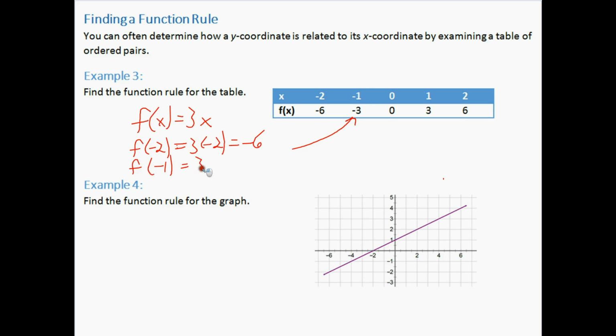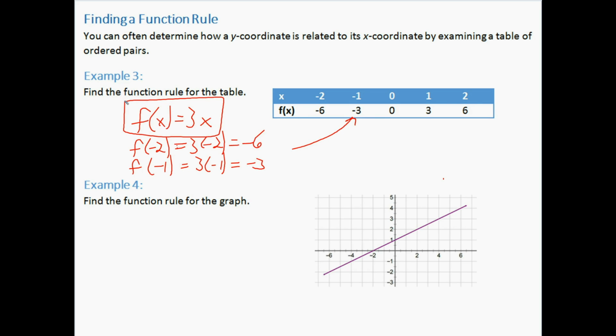Put -1 in for x, and you get -3, and that works. And we can think through the rest of these. If we put 0 into this function, we would have 3 times 0 is 0, and that's what we want. Putting a 1 into the function, 3 times 1 is 3. And the last one, f of 2, putting 2 in for x would give us 6, which is what we want. So this equation right here is the function rule for that table.